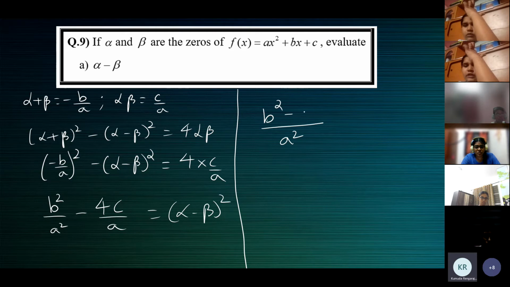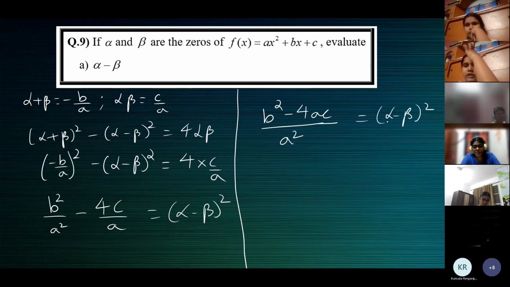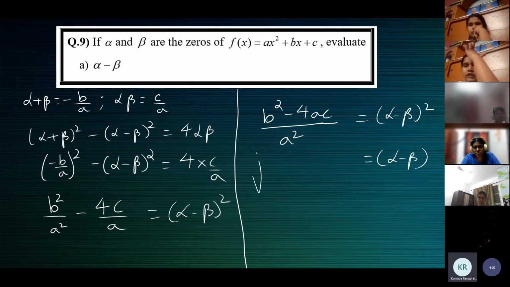B square minus 4ac is equal to alpha minus beta the whole square, correct? Yes, ma'am. Now what is alpha minus beta? So therefore, alpha minus beta is equal to the square root of b square minus 4ac by a squared.